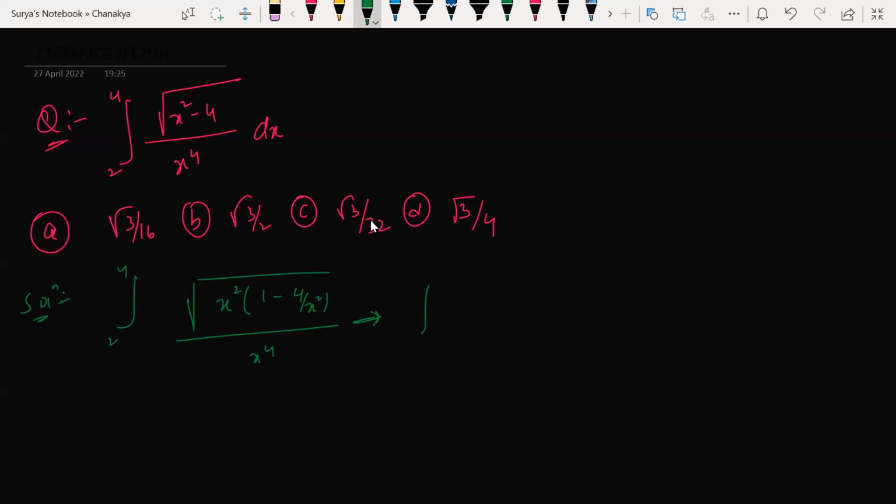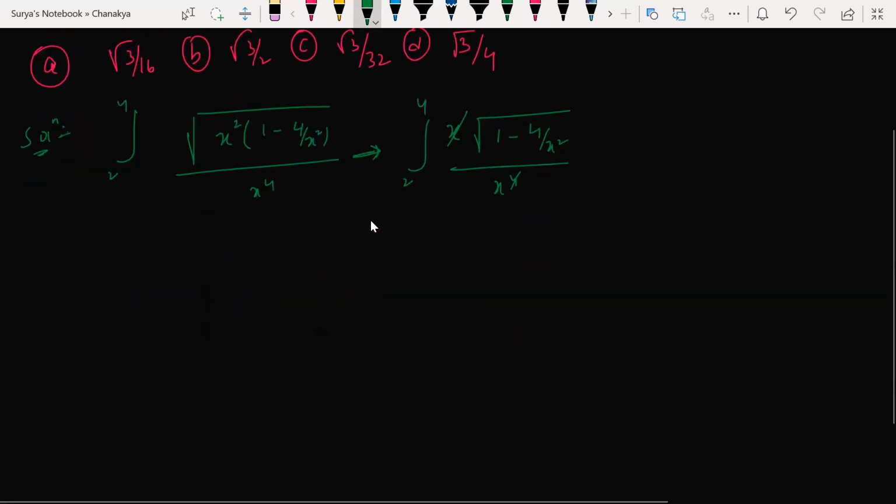So x to the power of 4 will come outside the square root: square root of 1 minus 4 by x square, divided by x to the power of 4. Correct? This x will get cancelled, and dx is there. So what are you left with now? Guys, I'll request you to not write the limits again and again; write the limits last, no problem. So this is what you are left with now.